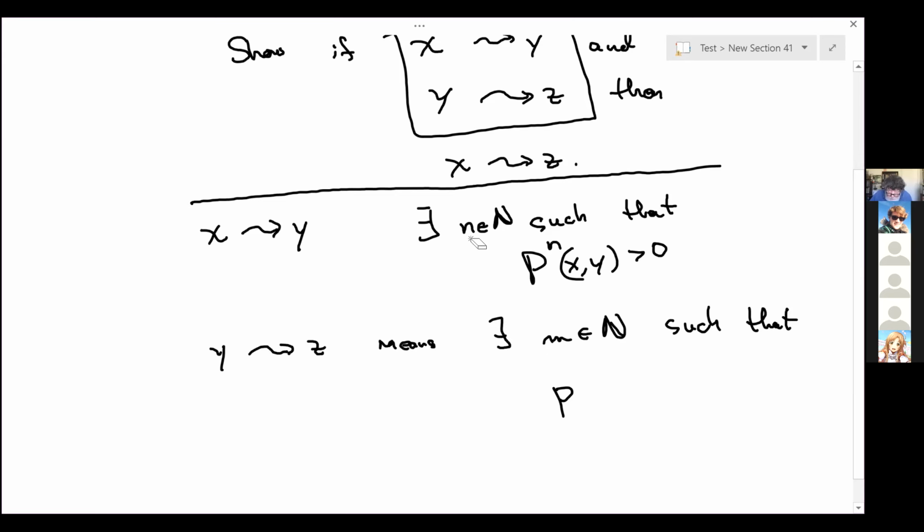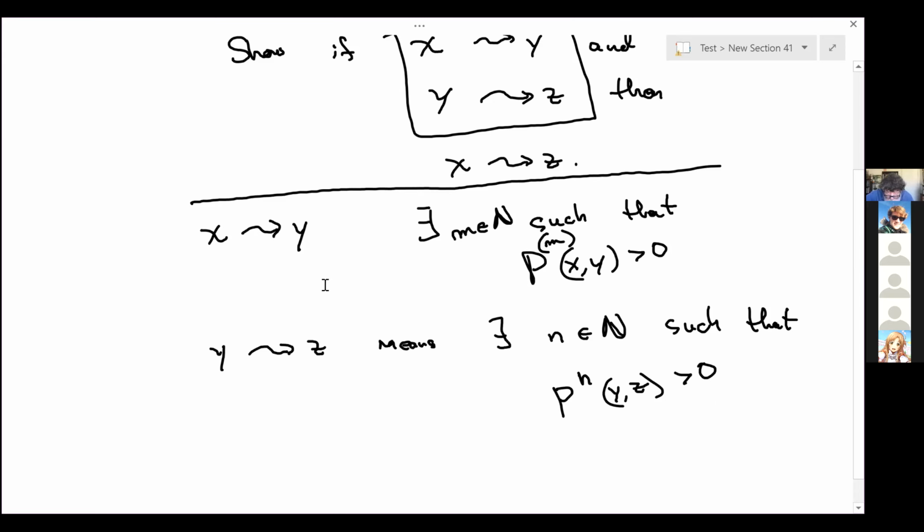For reasons that will become clear real soon, I'm going to call this one an M. And then I'll call this one an N, some other integer N, such that P^N of Y to Z is positive. Okay, so that's what we know.